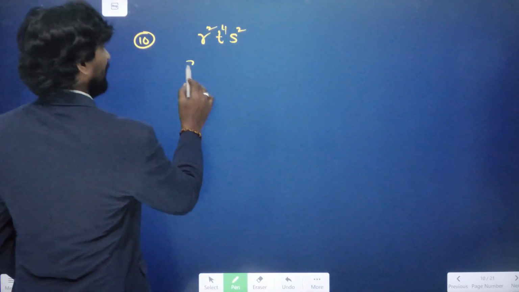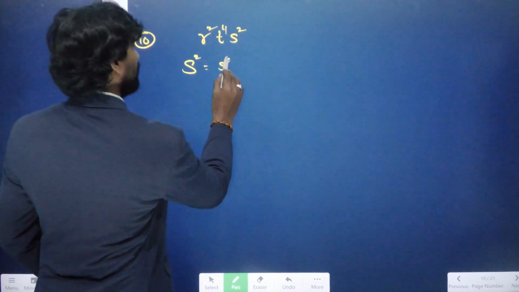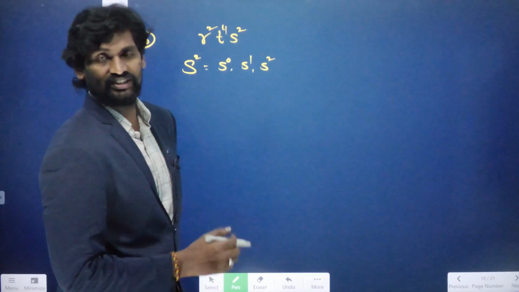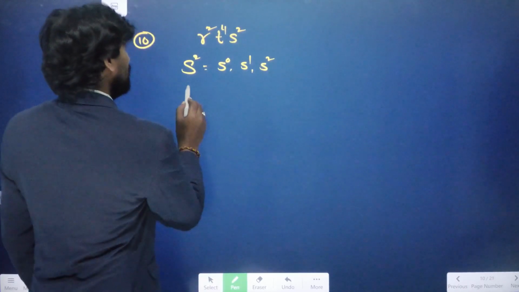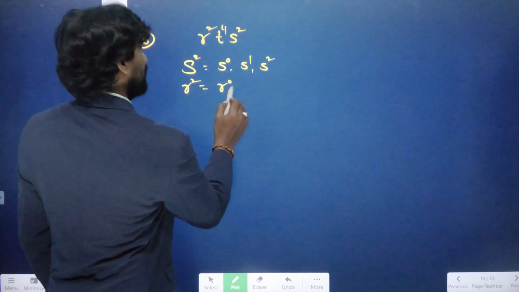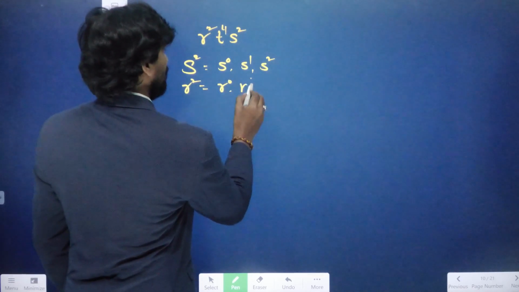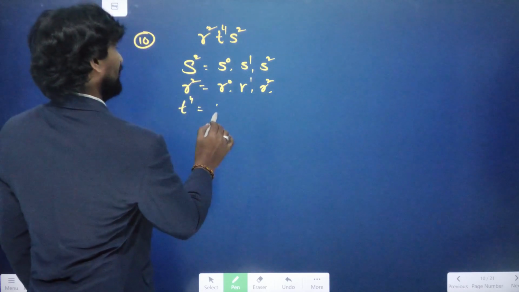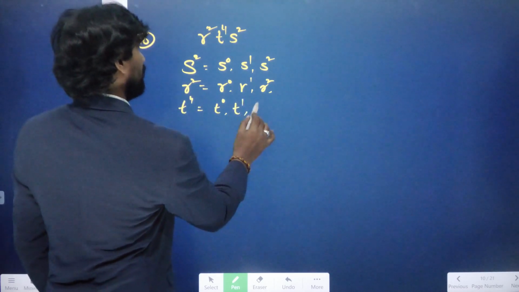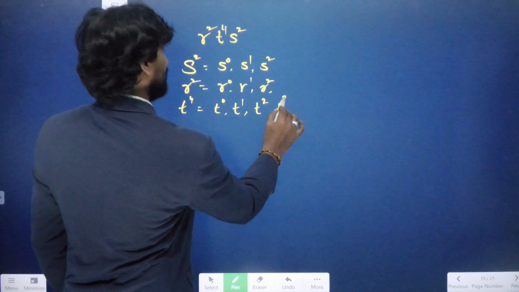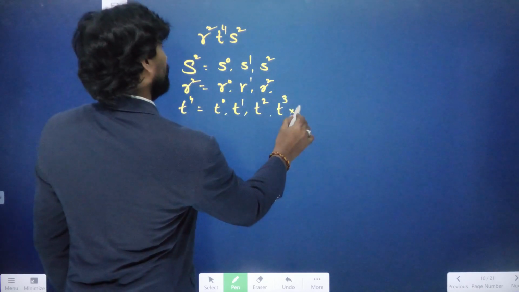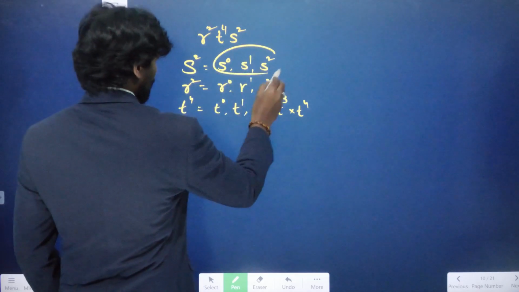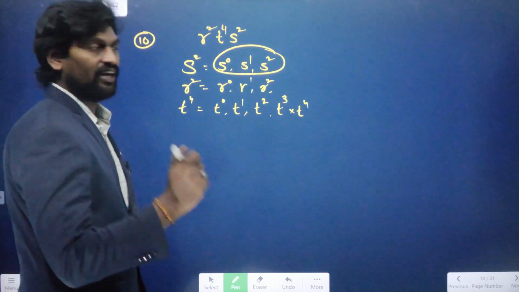Am I right? Similarly R square also R power 0, R power 1, R power 2. But T power 4 we write as T power 0, T power 1, T power 2, T power 3, T power 4.